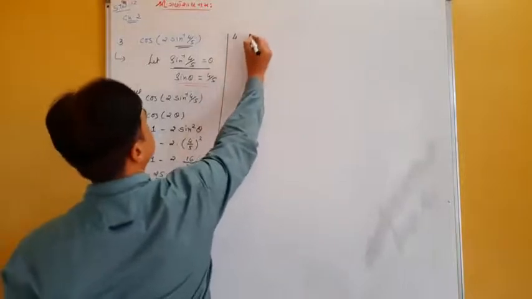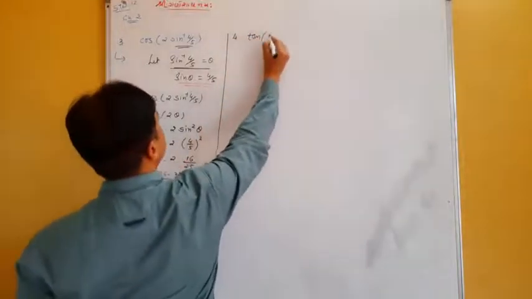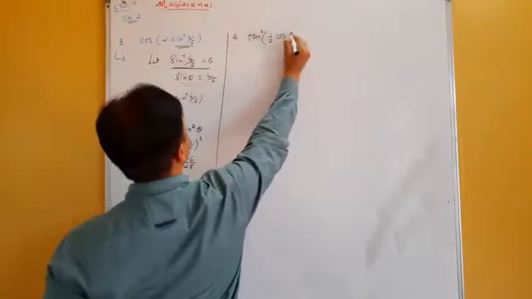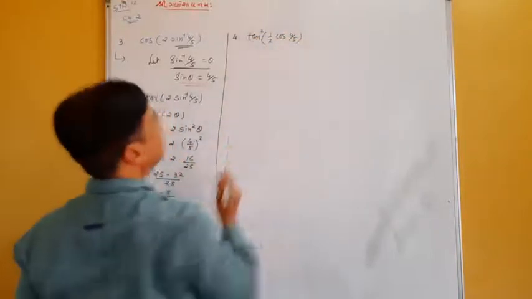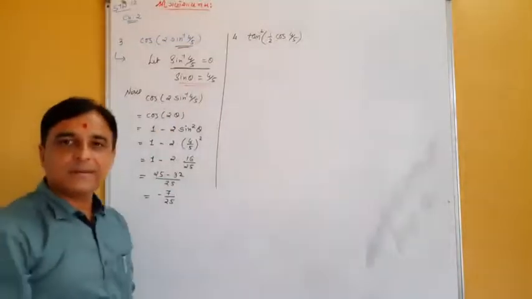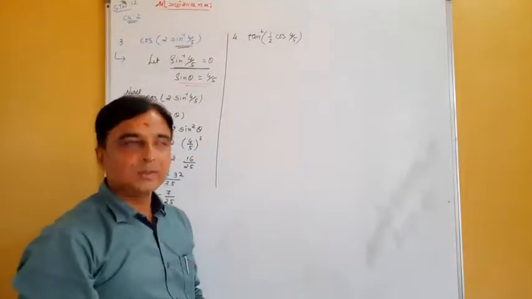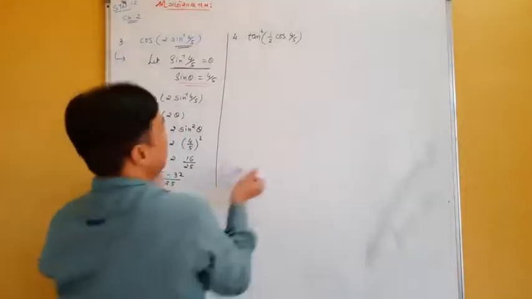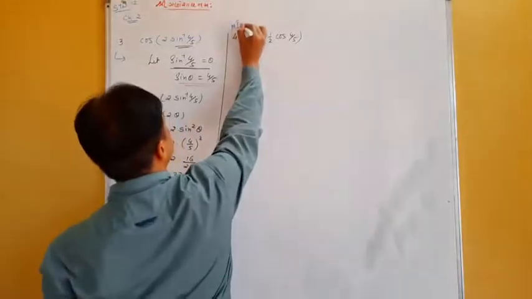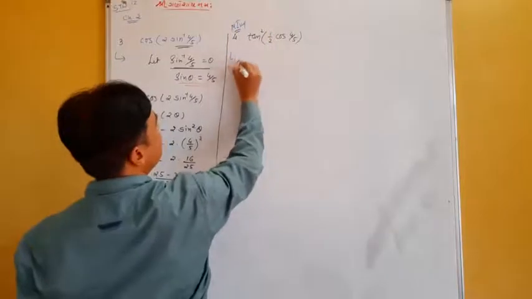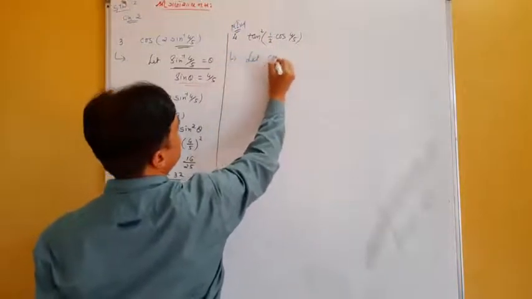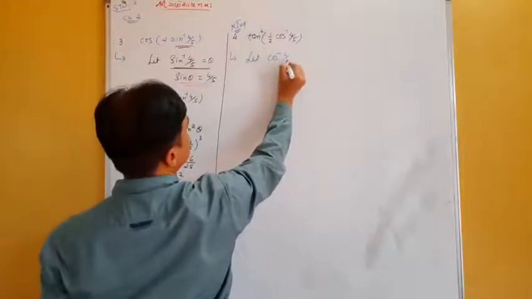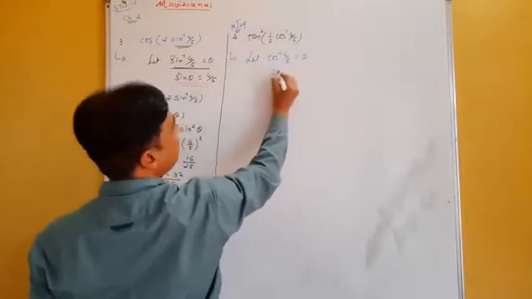Fourth one. Tan of 1 by 2 cos inverse 4 by 5. Tan square 1 by 2 cos inverse 4 by 5. It's the most important thing. So here let us assume that cos inverse 4 by 5 equal to theta.